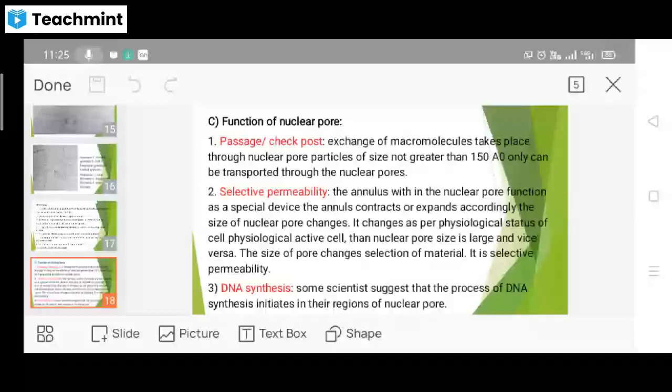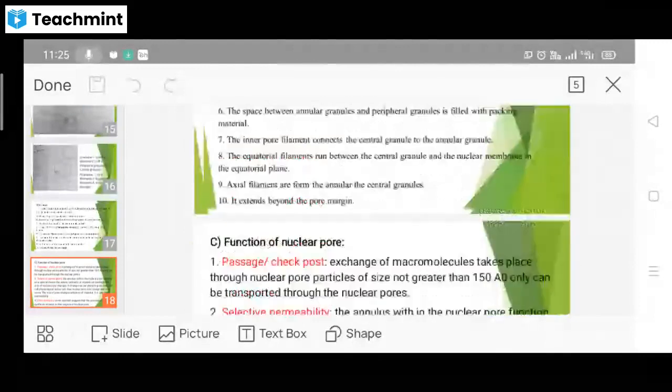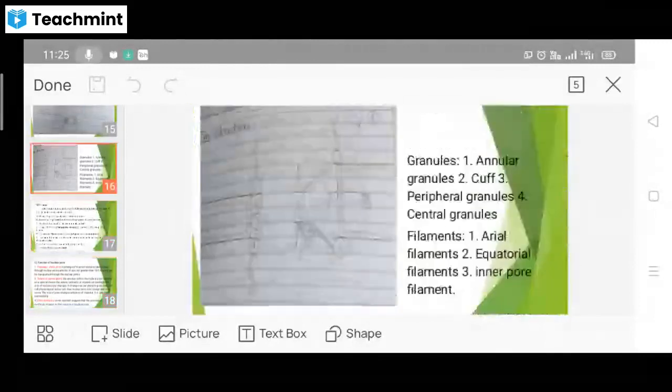So some scientists suggested that this nuclear pore is also a point from which the DNA synthesis will take place. So in short, this is all about the nuclear pore.